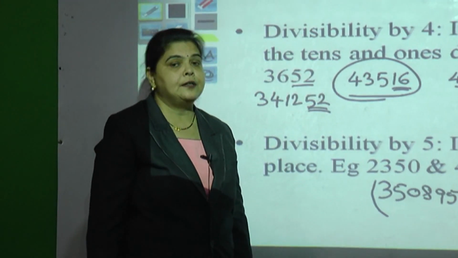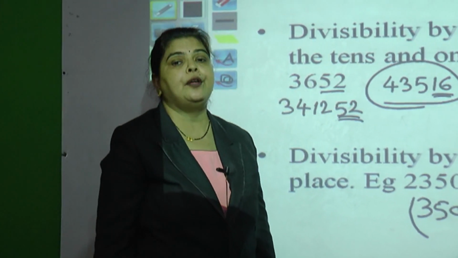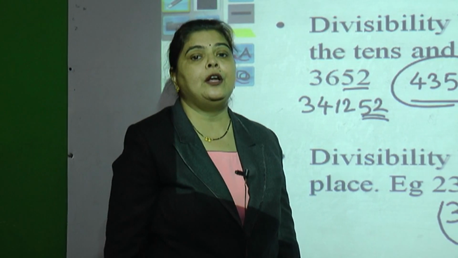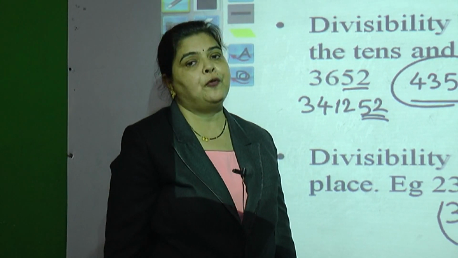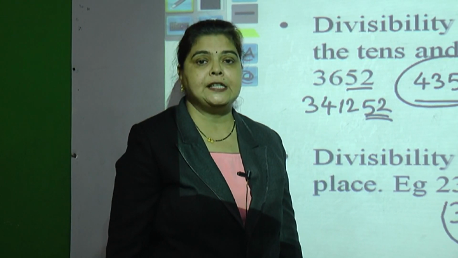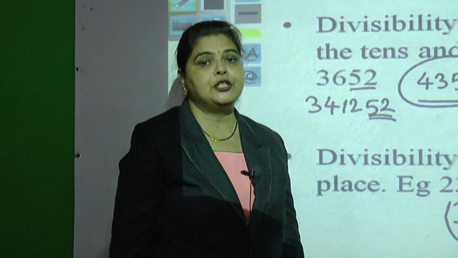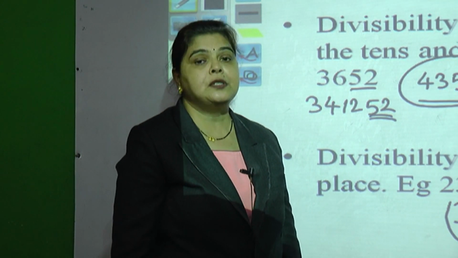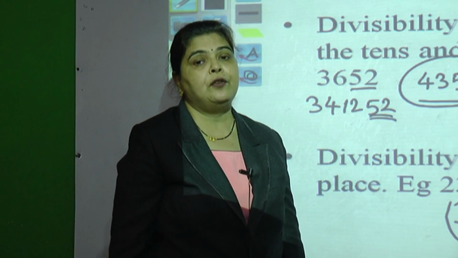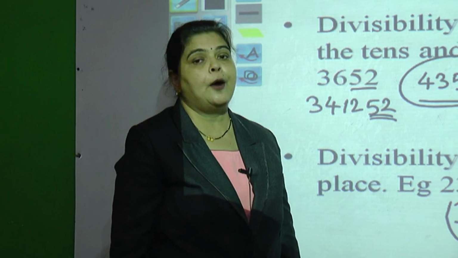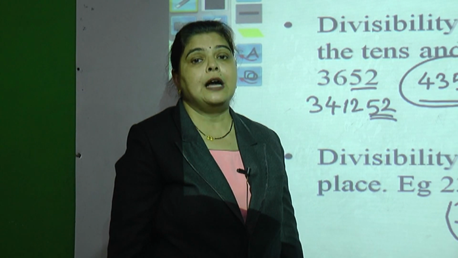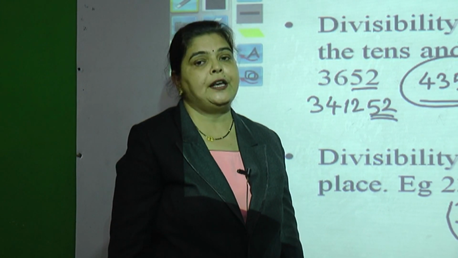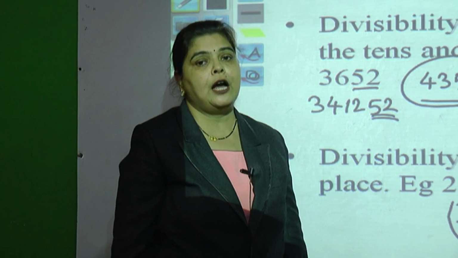You have to learn and remember these rules, because they will help you in division, or in finding the HCF and LCM of large numbers. No need to go for the practical division. You can use all these divisibility rules and apply them during large division as well as finding HCF and LCM of a large number.